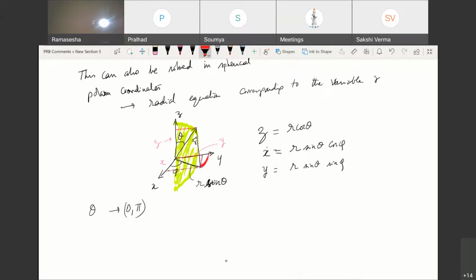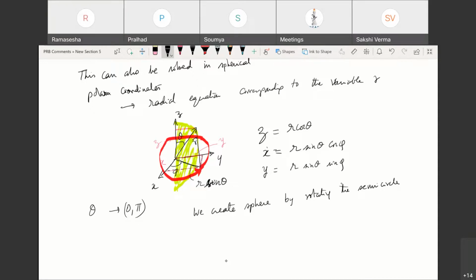We create a sphere by rotating the semicircle around the axis.